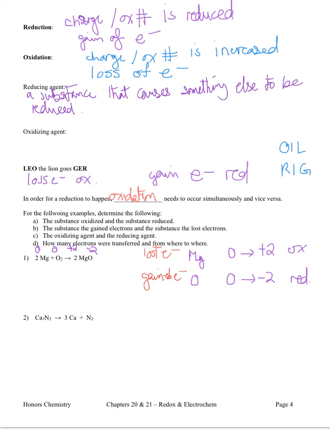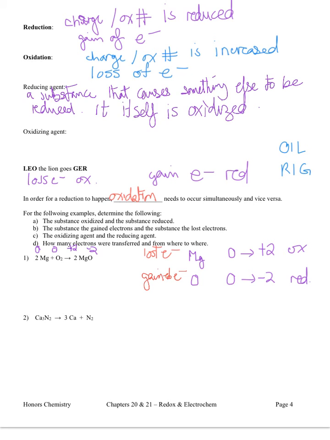Well, if it's causing something else to gain electrons, that means it itself is losing those electrons to force something else to gain them. And so it itself is oxidized. So something that's oxidized is losing electrons, so it's forcing something else to gain those electrons, so it's forcing something else to reduce, and so it is a reducing agent. It's causing reduction to something else.